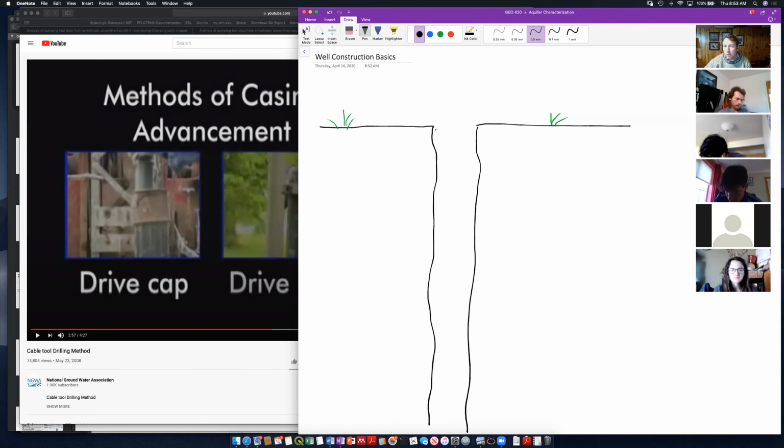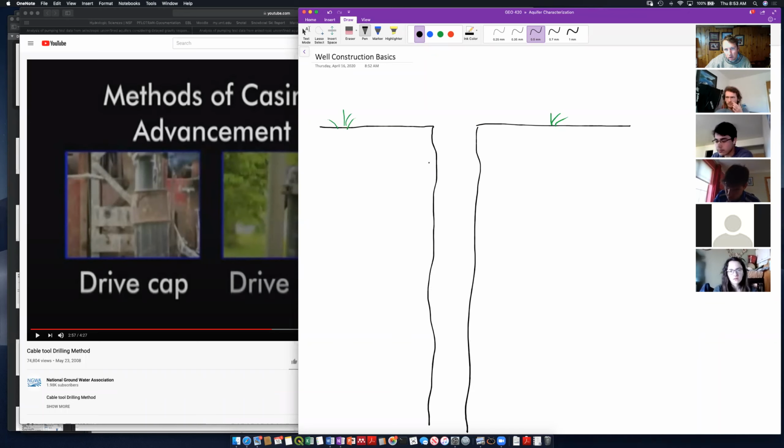This open hole, first of all, is only supported by the soil and the rock. So when I'm in loose, unconsolidated rock, like where we would be drilling for Milltown, it's probably going to collapse. All right, it's not going to stay open.